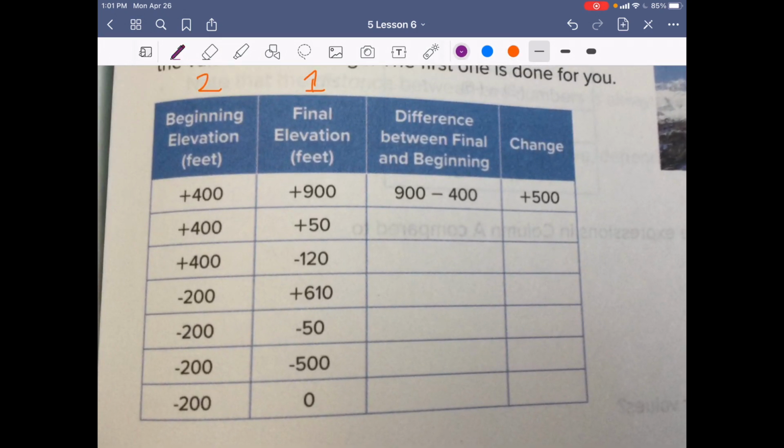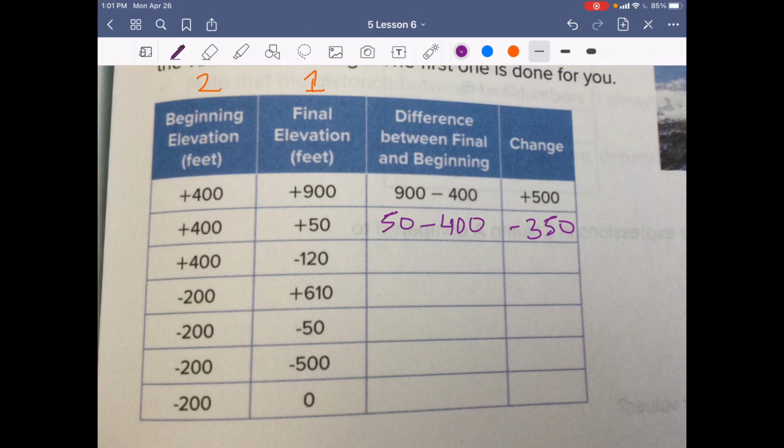Our first one, we started at 400 and they went to 900. The difference between 900 and 400 is 500. For this next one, we would say 50 minus 400, and that is a change of 350, but it would be a negative because our negative number is larger.